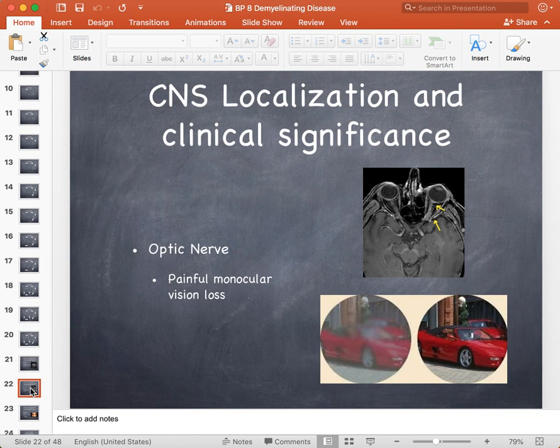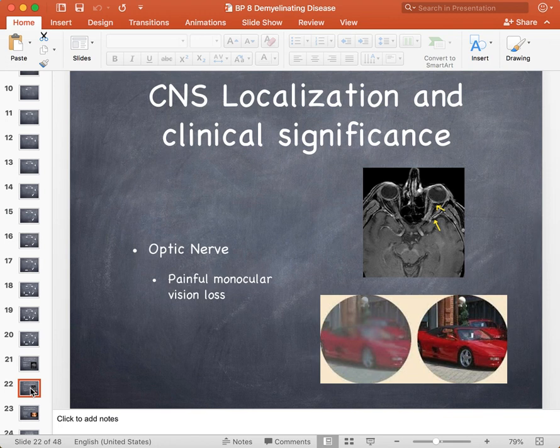It causes painful monocular visual loss, monocular because it's anterior to the optic chiasm. Remember, once we get past the optic chiasm, a lesion in the system results in a field deficit, not a monocular deficit. In addition, unlike other pathologies of the optic nerve, optic neuritis is a painful process.